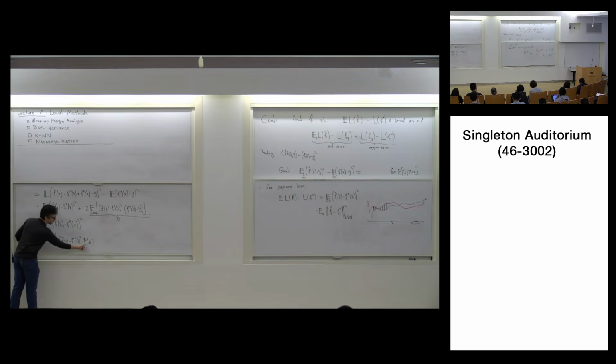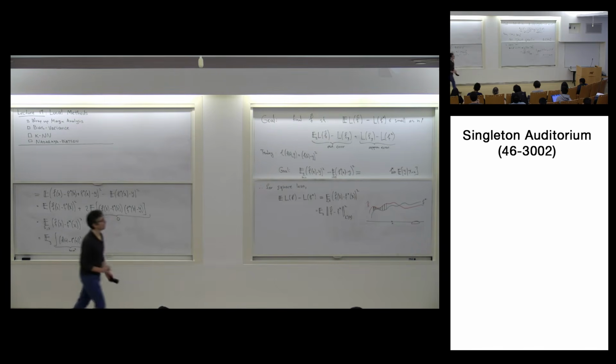I can write p sub x here, but it should be clear that this p is the marginal distribution of the x variable. So this is the norm squared. Hopefully for some of you this is clear if you've taken analysis. Hopefully this is not too complicated.